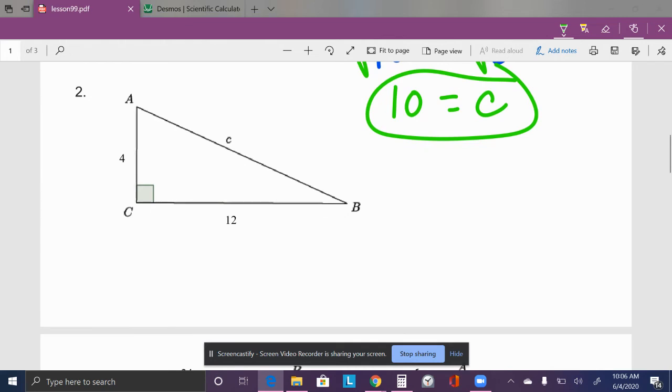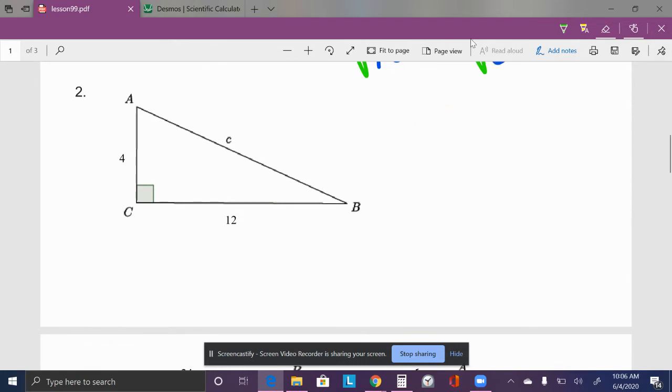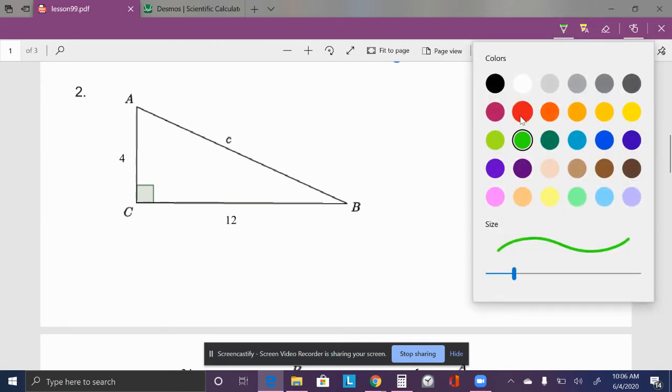Give myself some space here. Okay. So again, we're given the sides, right? The legs right here, 4 and 12, trying to find the hypotenuse, what's across from the right angle. Change my color here.